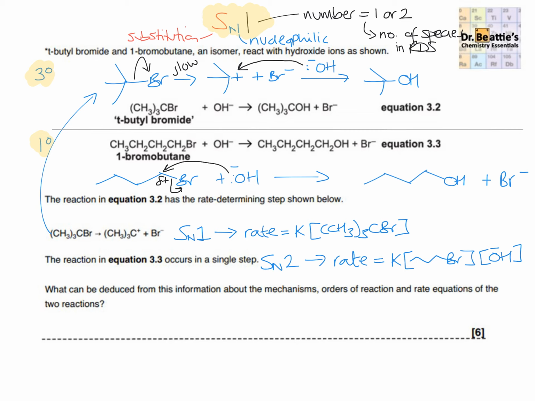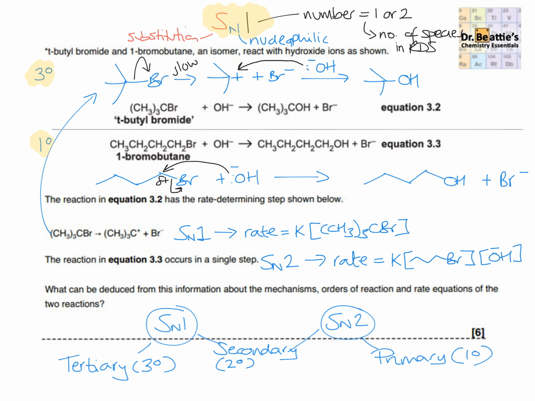Now, whilst this is an apply question in OCR, so it's using rate equations, etc., in other exam boards such as AQA, you are expected to know what types of haloalkanes do the different types of nucleophilic substitution. So tertiary haloalkanes always undergo SN1, so this type of mechanism where the slowest step is just involving the haloalkane.